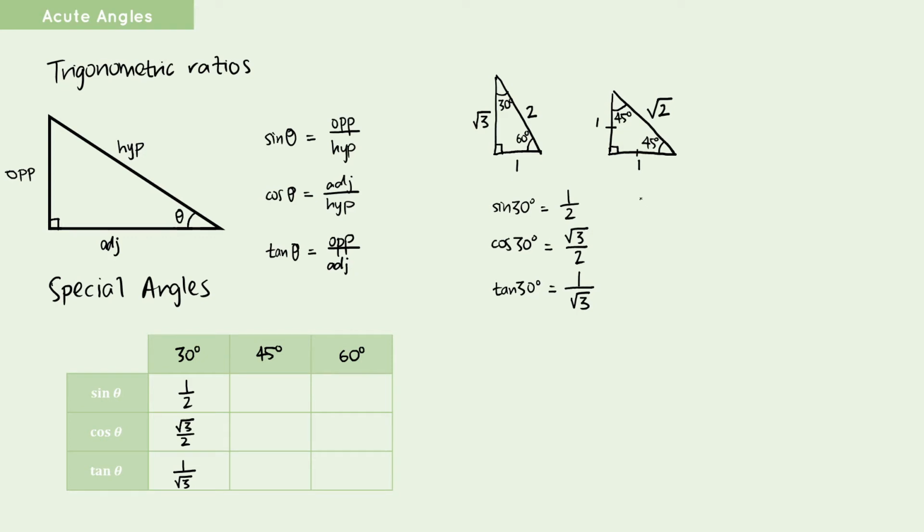Next we consider sine 45 degrees. For that we consider this right-angled triangle, and we can take any angle because both are 45. Sine is opposite over hypotenuse, so opposite is 1, hypotenuse is square root 2. So sine 45 is 1 over square root 2.